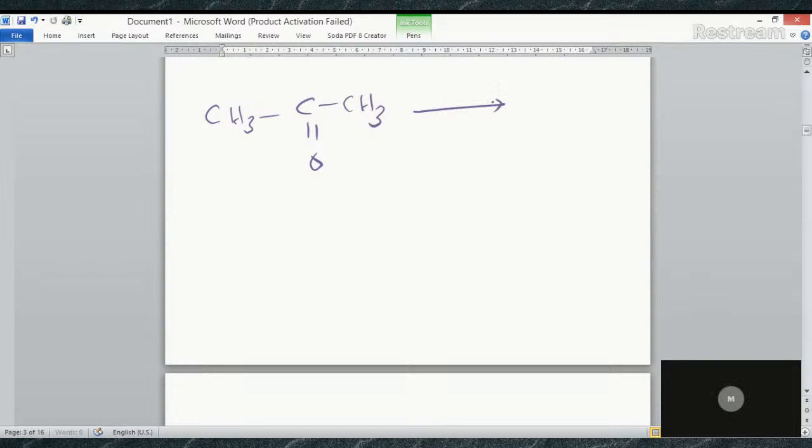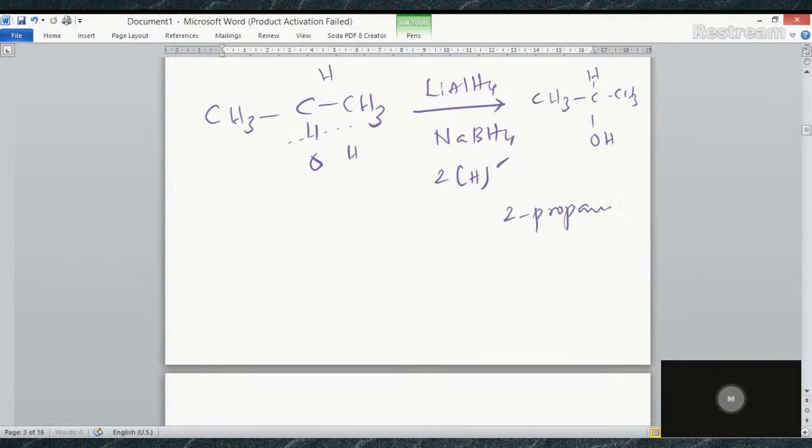On reduction by using lithium aluminum hydride or sodium borohydride, 2 newly formed hydrogens are added across the double bond. So the double bond is changed into a single bond. And the product is this one, CH3 CH OH CH3. The compound's name is 2-propanol, also called isopropyl alcohol. This alcohol is nothing but a secondary alcohol. Secondary alcohol is formed.